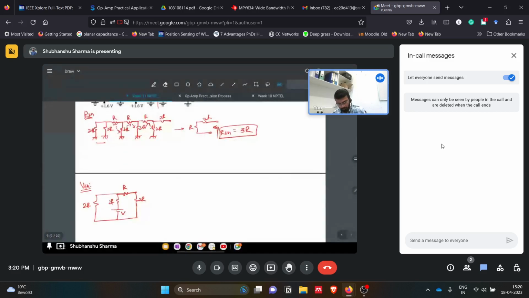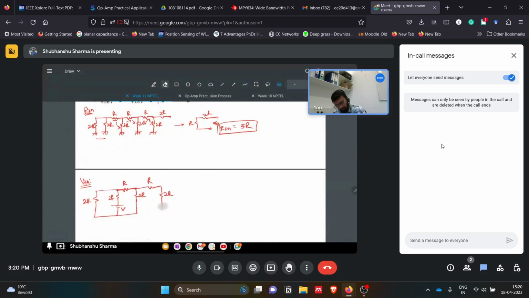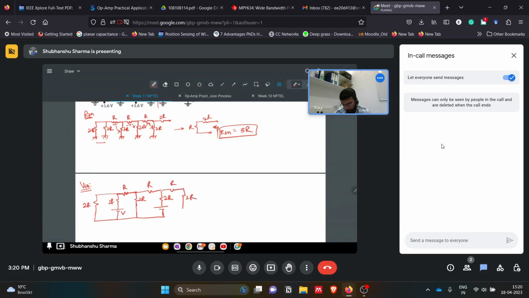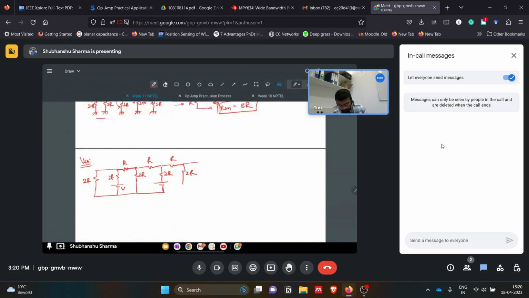Then we have R, 2R. Again, some potential is there. R, 2R, and since we are calculating Thevenin voltage, this last 2R is not necessary. We'll simply see from this side.